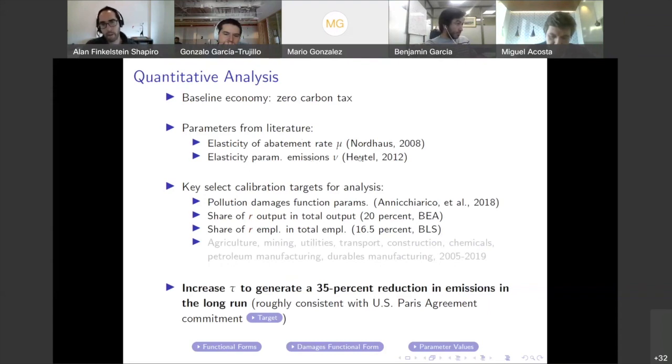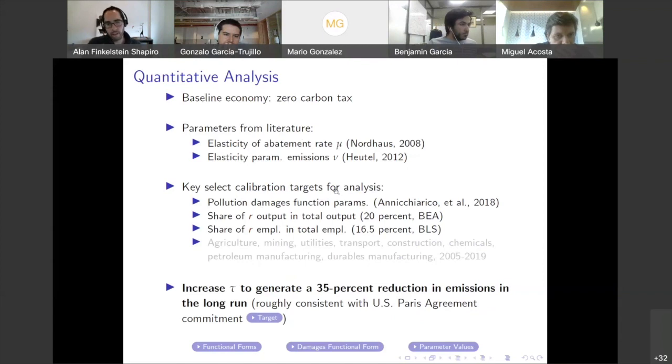That also comes from Gert Heutel, who started this macro literature on emissions and carbon taxes. There are key calibration targets that we adopt that are specific to the US. One of them is the pollution damages function, whereby we calibrate damages from pollution to be roughly 0.69% of GDP, which is consistent with what people have estimated for the US.